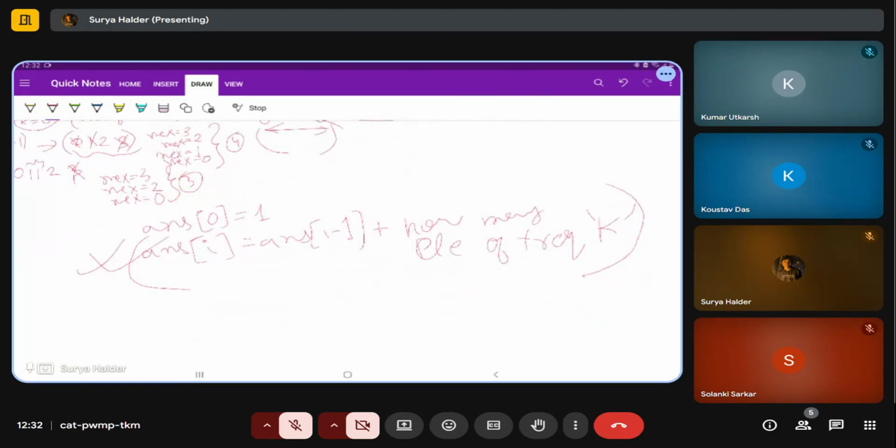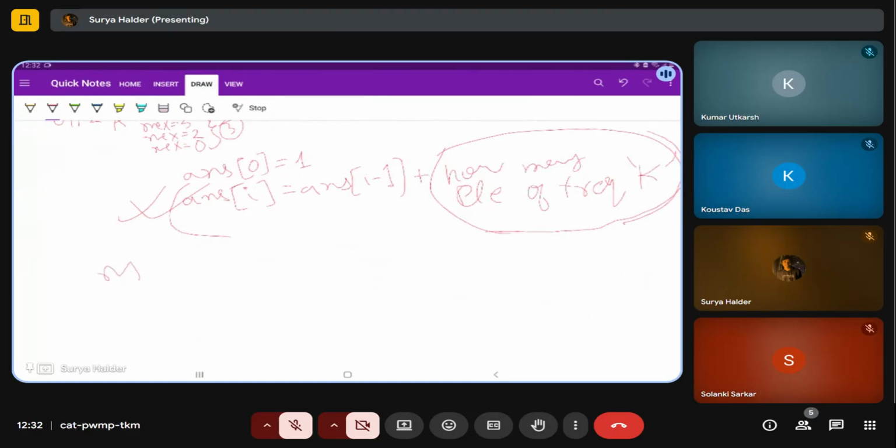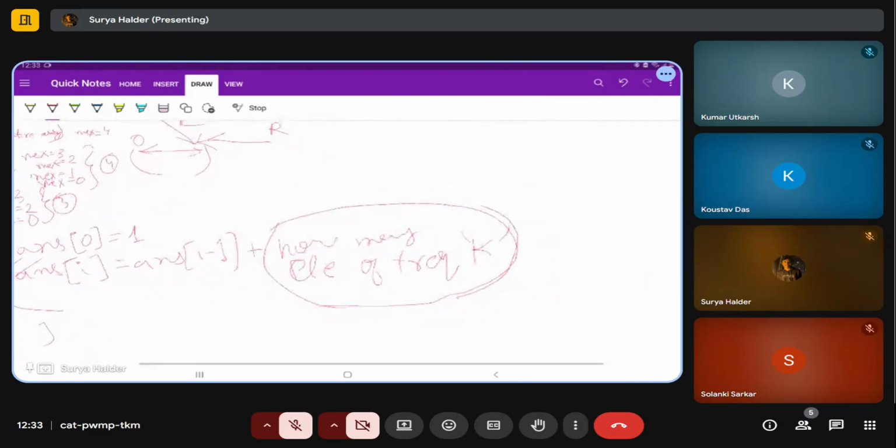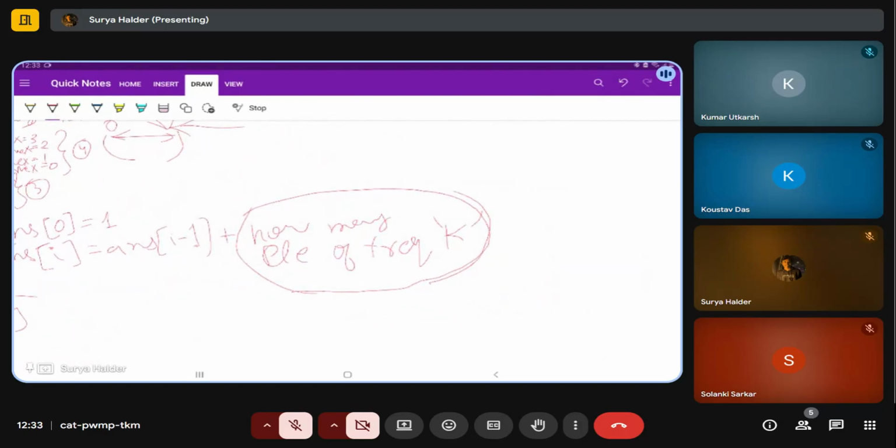Correct? So now obviously one question comes up that we need the frequency of the element. So you can create a map and store the frequency of those elements. And see over here another thing, how many elements of frequency k, and these elements must be such that the element must be less than or equal to the max value.